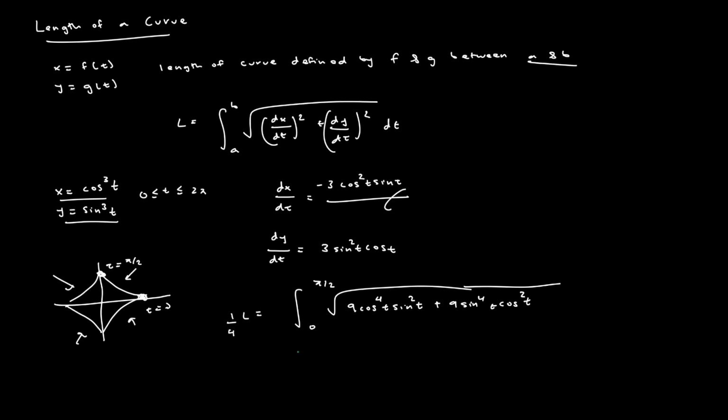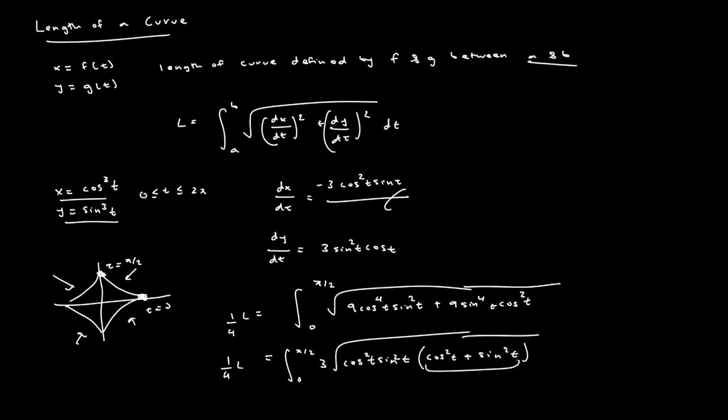So we can simplify this to 1/4 L equals the integral from 0 to pi over 2 of 3, which I removed from the root, times the square root of cosine squared t sine squared t times cosine squared t plus sine squared t.